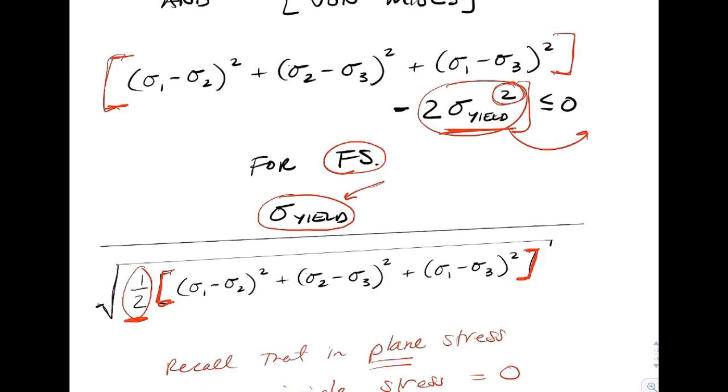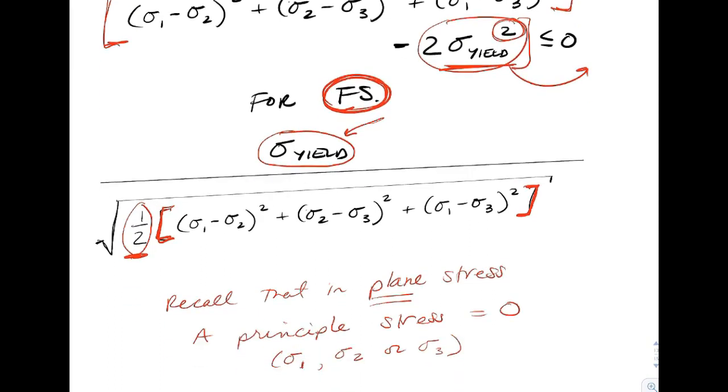So again, sometimes we will apply a known factor of safety, or we will calculate the factor of safety if yielding has not occurred. That equation perhaps won't be as intimidating when we end up with a plane stress problem because we know at least one of those is going to be equal to 0, so it simplifies a little bit.